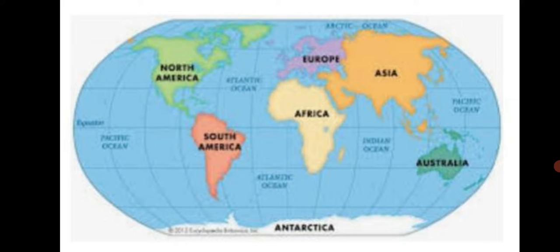They are, first one we have here Asia, then Europe, Africa, North America, South America, Antarctica here down, and Australia. Asia is the largest continent and Australia is the smallest.